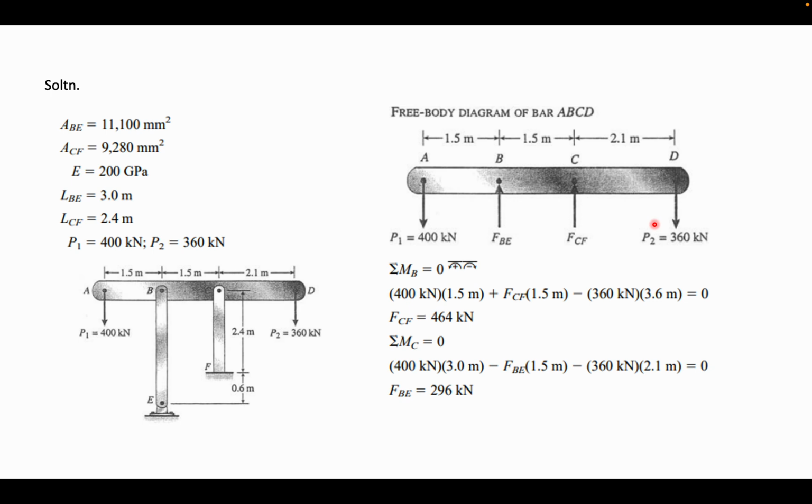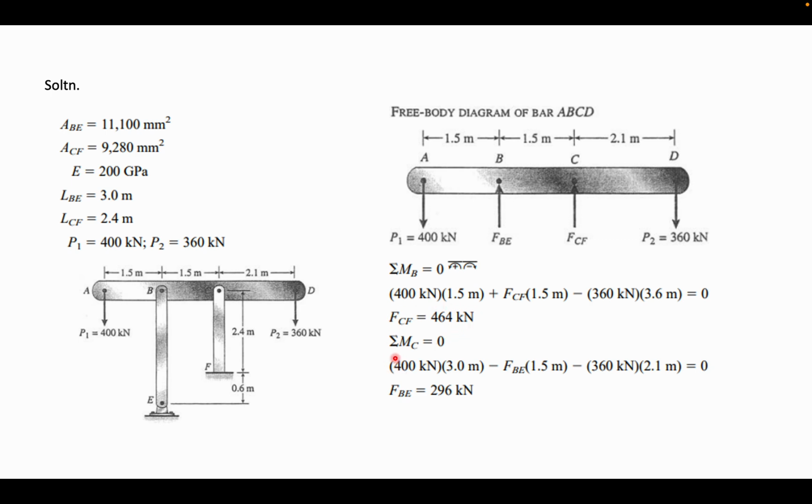Again, 360 is multiplied by 3.6 because the distance between D and B is 1.5 meters plus 2.1, which comes out to be 3.6, and it is taken as negative because this is anti-clockwise. And finally we get the value of F_CF as 464 kilonewtons.